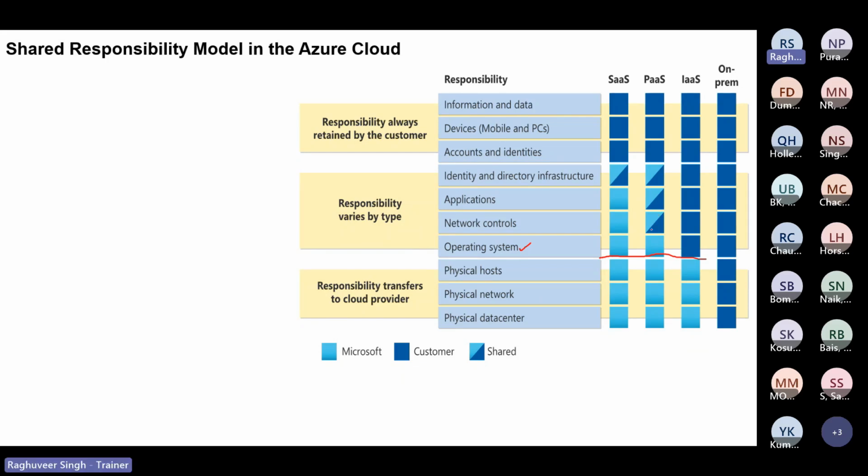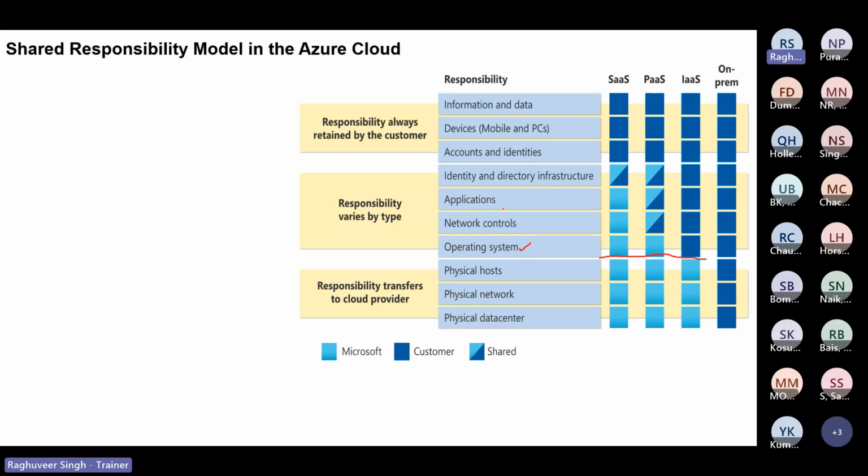You will configure all that in your app services, and accordingly it will be a shared responsibility. However, in SaaS, it is Microsoft's responsibility completely, because SaaS means a ready-made solution like Microsoft 365, Dynamics, SharePoint Online. Those are examples of Microsoft SaaS products. So that is where Microsoft manages the network control.